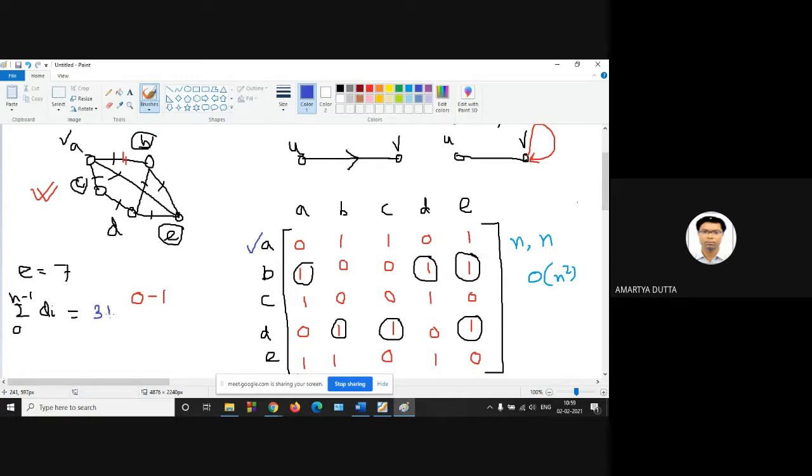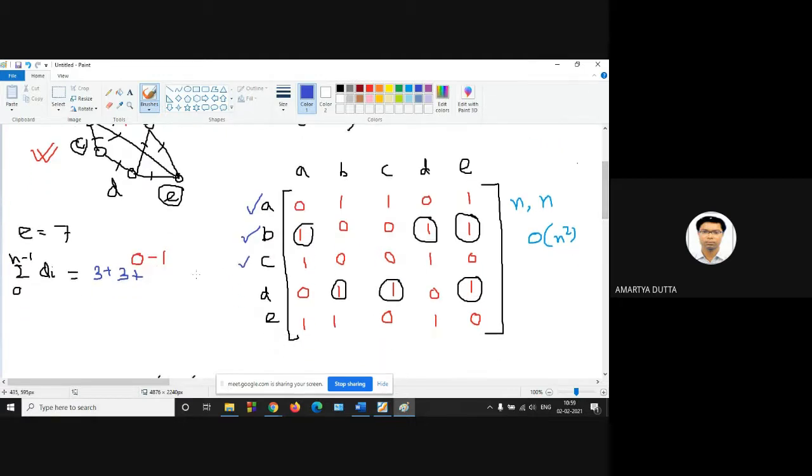So 3 plus, for B, again 3, plus, for C, 2, plus, for D, 3, plus, for E, again 3. So what will be the result?